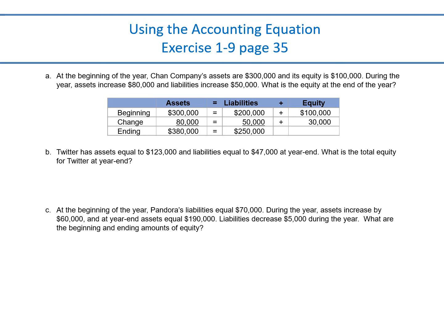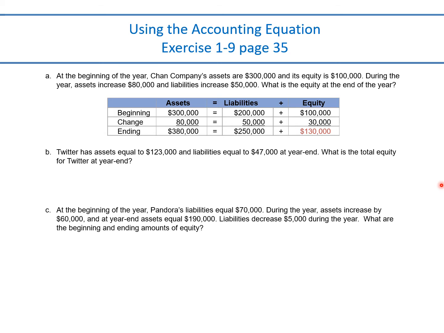And then you can solve vertically or horizontally for the ending equity, which is what the question is asking us. So if we solve vertically, $100,000 plus $30,000 gets you to 130, or $380,000 minus $250,000 is also 130. So what is our equity at the end of the year? It's $130,000.